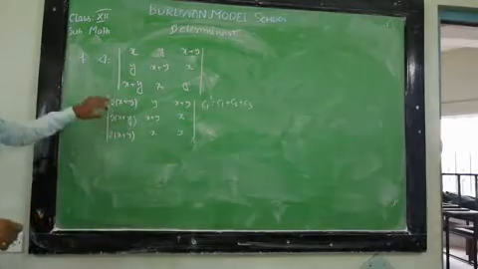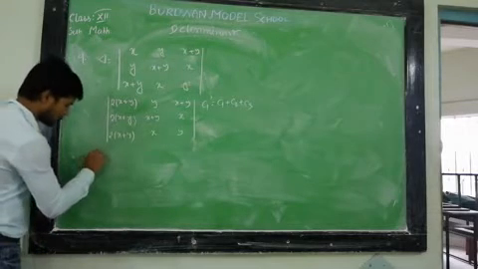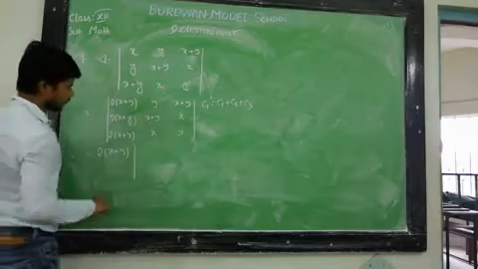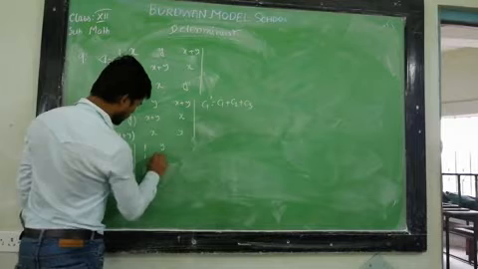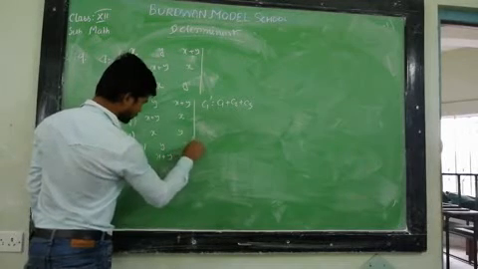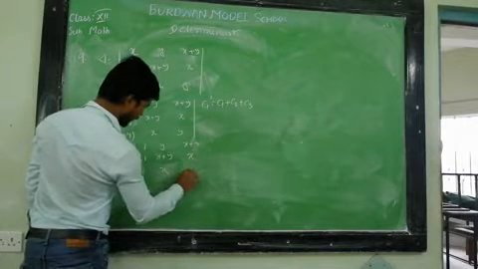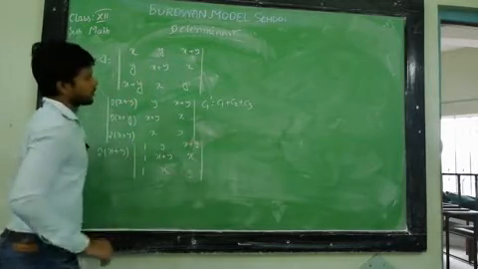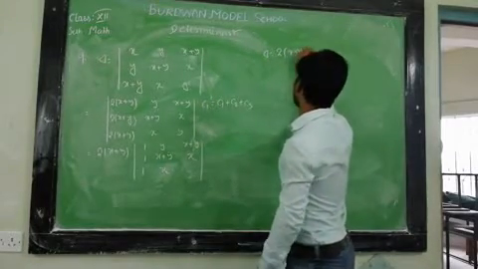Now you can see that from the first column we can take 2 into x plus y common. So 2 into x plus y, take it common: 1, 1, 1; y, x plus y, x; x plus y, x and y. Now that means delta equals 2 into x plus y.